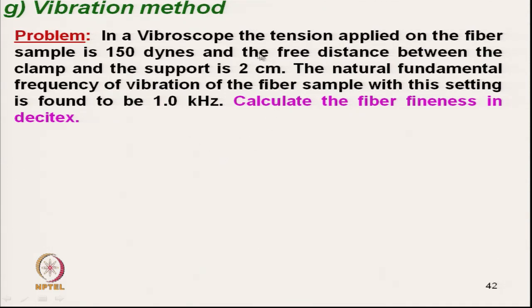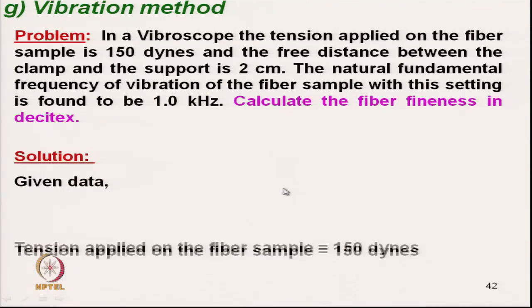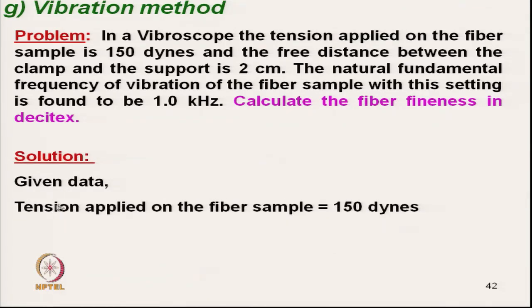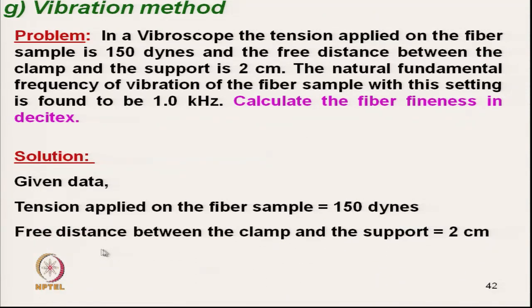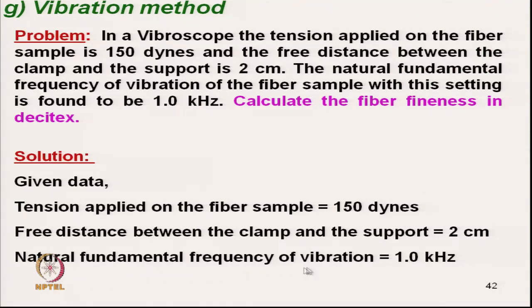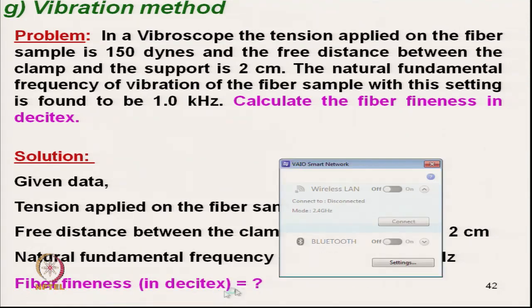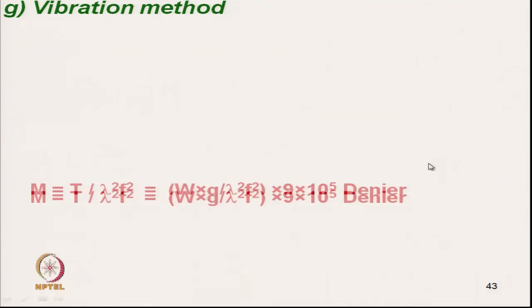This data is given in such a fashion that we can use the given formula directly. Here the tension applied is 150 dyne, the free length of support is 2 centimeters, and the natural fundamental frequency is 1 kilohertz, that means 1000 hertz, and we have to measure the fineness.